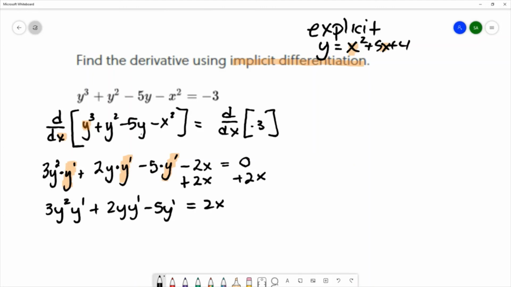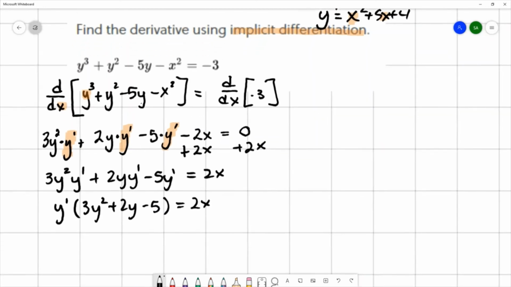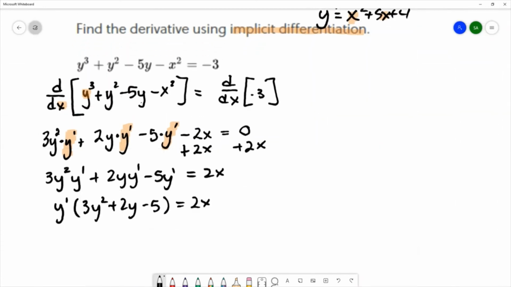I'm going to factor the y prime out of each of these terms. And that leaves me with y prime times 3y squared plus 2y minus 5 equals 2x. And then I can solve for y prime by dividing both sides by what's in the parentheses.